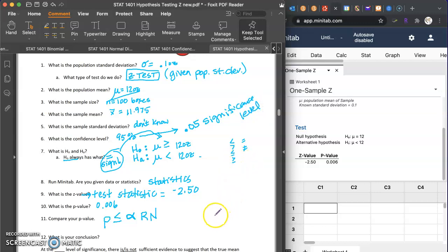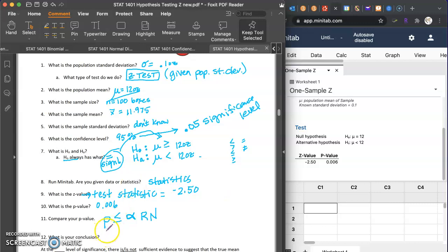But if it was 99%, then your significance level is 0.01. And if it's 90%, your significance level will be 0.10. So the significance level matches up with the confidence level. Okay, and then, so people, let's plug in our numbers.